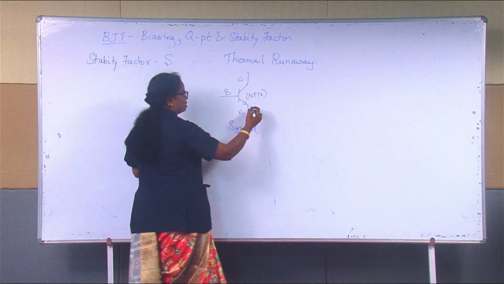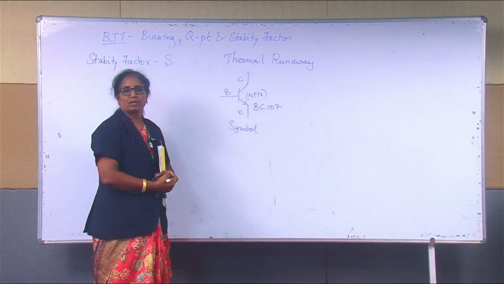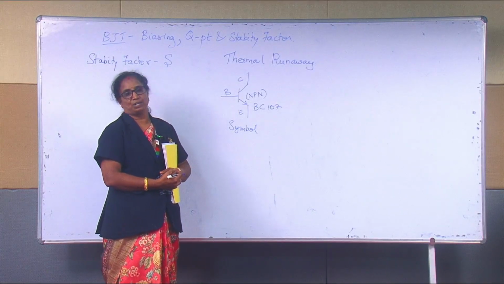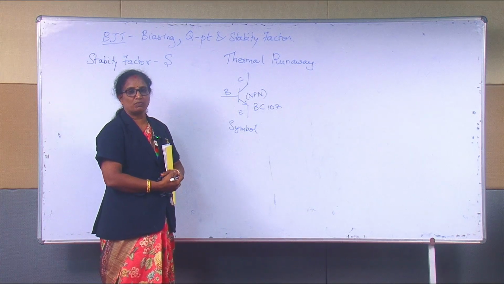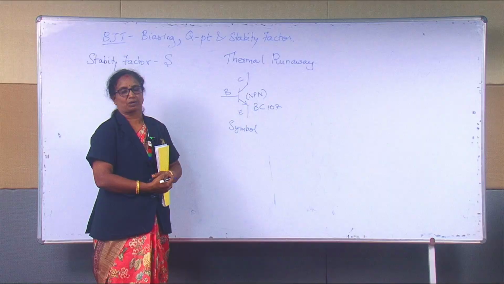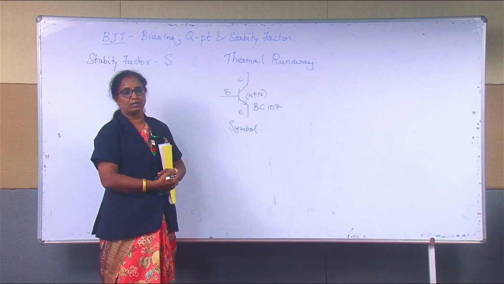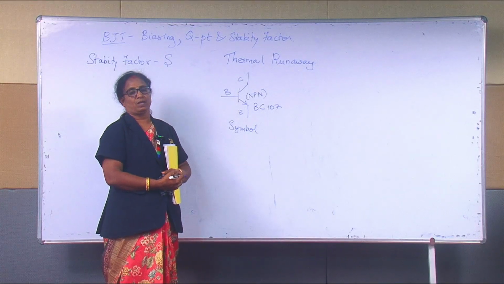See, if I have a transistor, say BC107, it has its own operating conditions, which means any device will be specified with its operating temperature. Why these specifications are important is that the performance of the device must not be compromised.